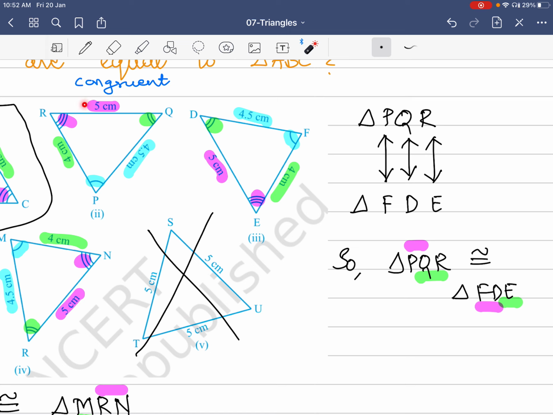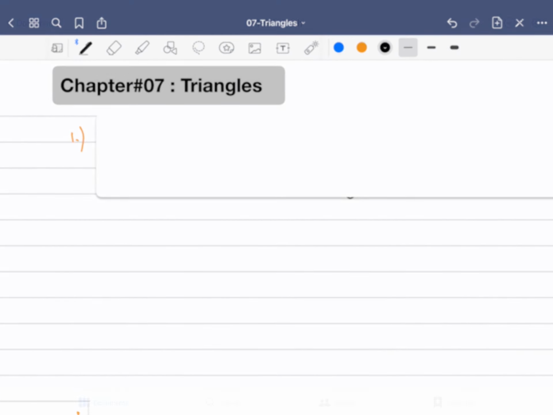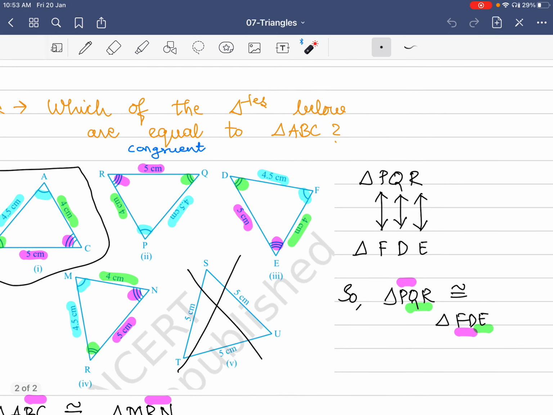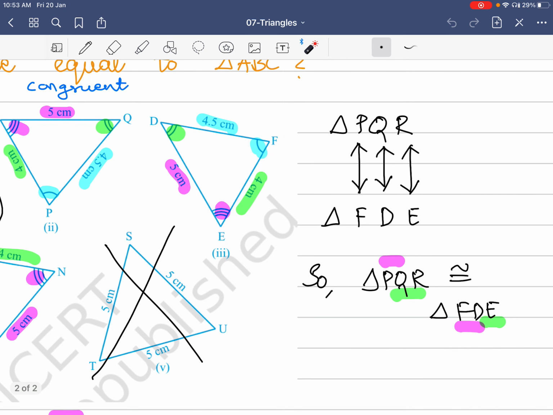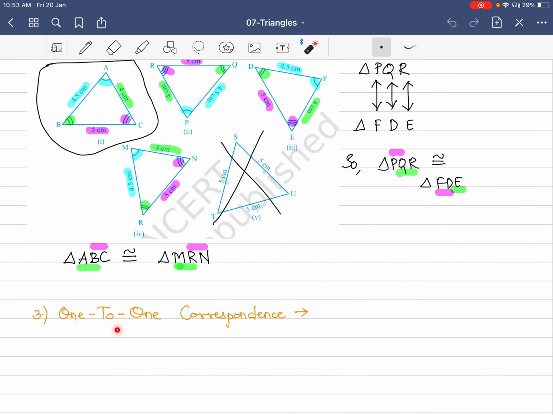Yes, QR is 5 centimeters and DE is also 5 centimeters. So angle to angle congruency is also satisfied, and side congruency is also satisfied. So this is the overall concept, which is a very important concept of one-to-one correspondence. That's all.